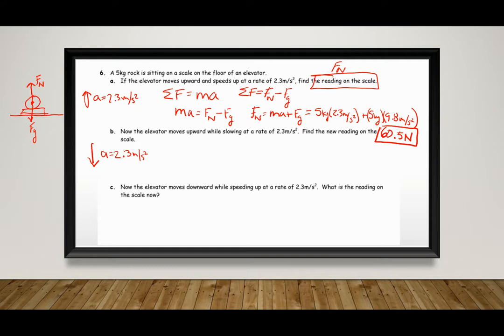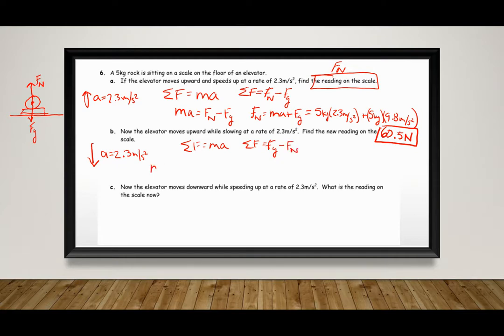So the way I look at that is I can look at that as my sum of my forces is equal to mass times acceleration, and my sum of my forces is equal to, what's my downward value? My downward value is my weight, okay? So my force of gravity, or my weight, minus my normal force.